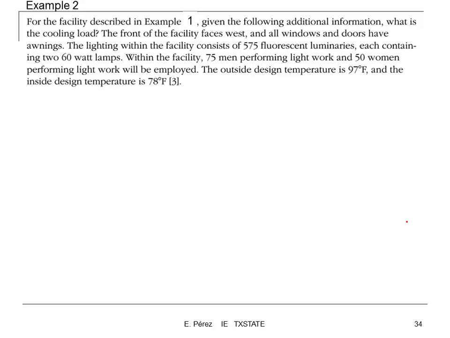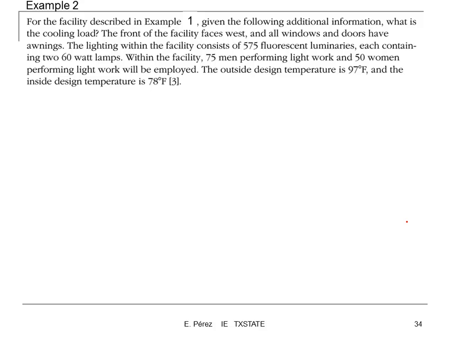The lighting within the facility consists of 575 fluorescent luminaries, each containing two 60-watt lamps. And within the facility, we also have some information about the employees that we need to compute the cooling requirements. We have 75 men performing light work and 50 women performing light work. The outside design temperature is 97 Fahrenheit, and the inside design temperature for the facility is 78.